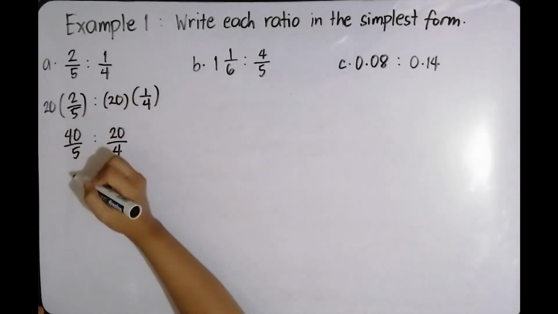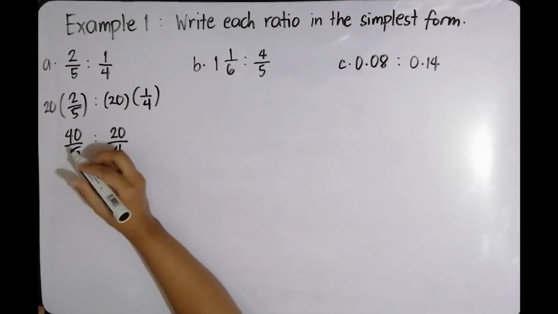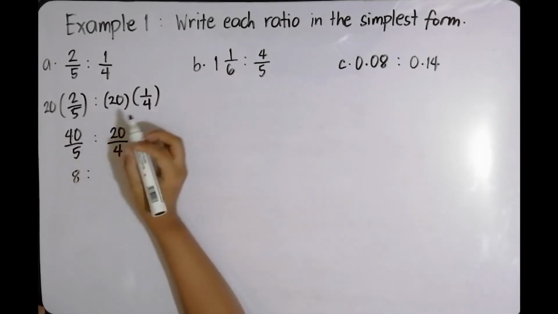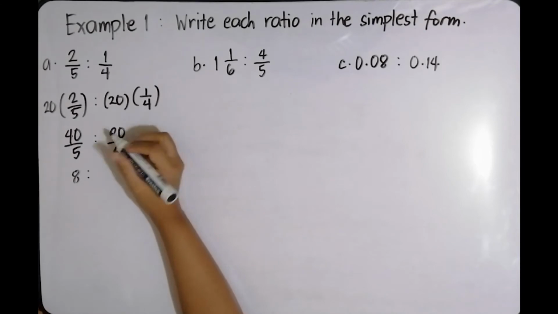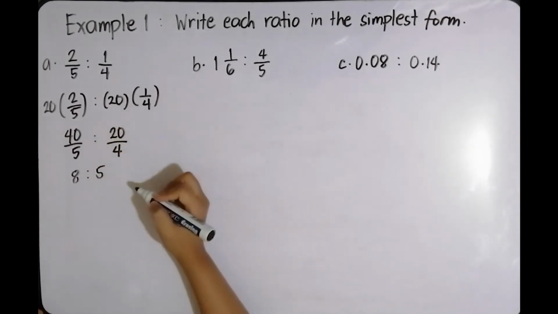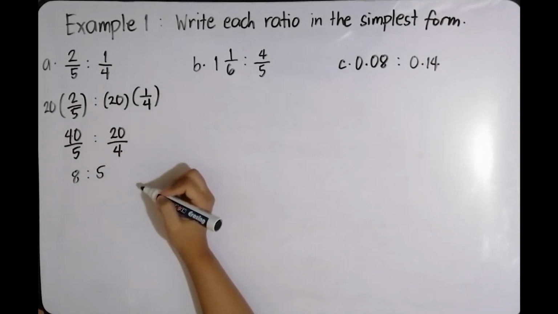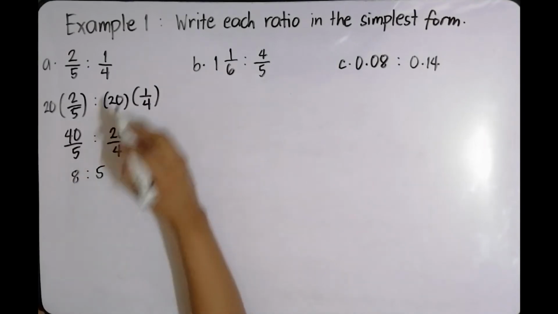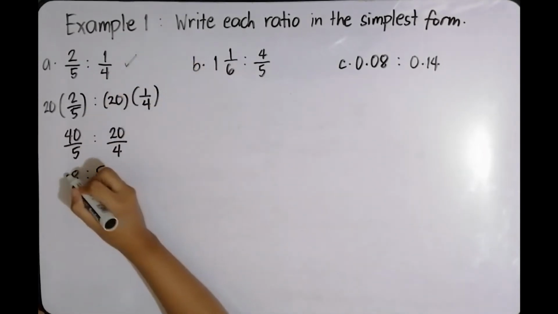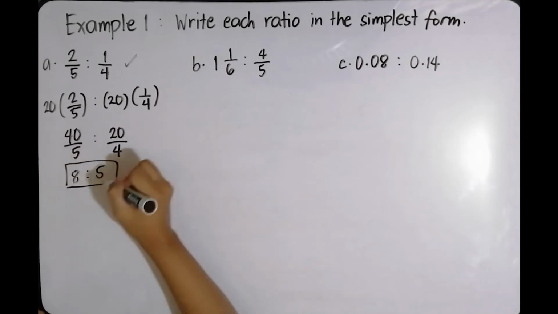We have 40 divided by 5, which equals 8, is to 20 divided by 4, which equals 5. So the simplified form of this ratio is 8 is to 5.